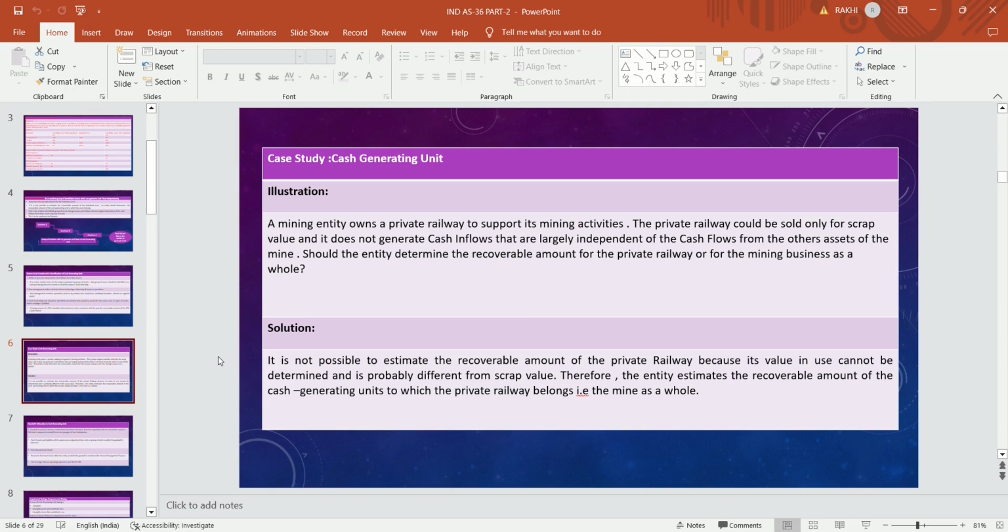So the entity estimates the recoverable amount of the whole cash generating unit, and not the individual private railway, as a mine as a whole. In this way, we find whether the individual asset is able to generate cash flow independently or they work as a unit.